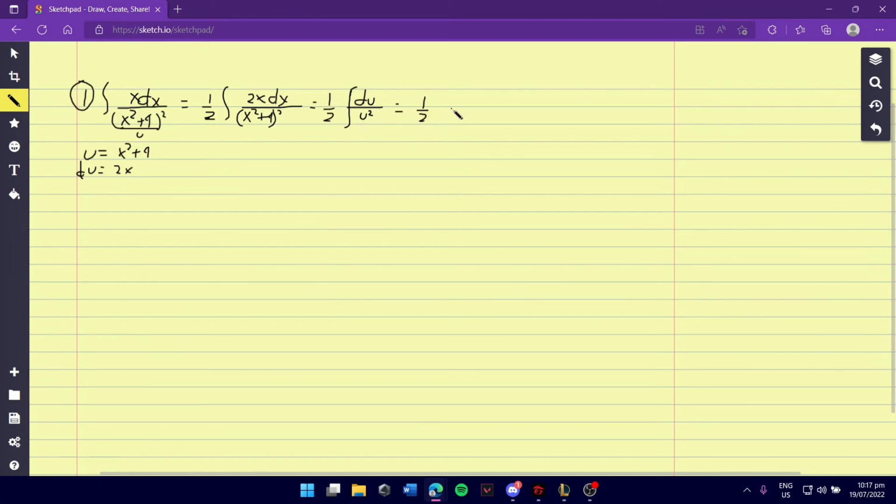So 1 half, it will become u raised to negative 2 du.